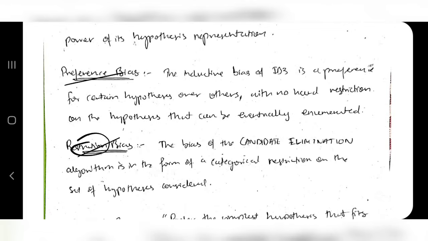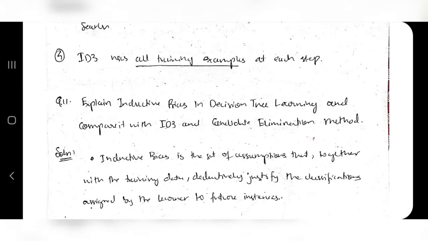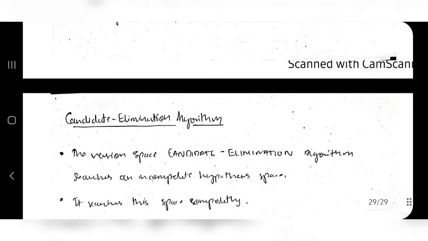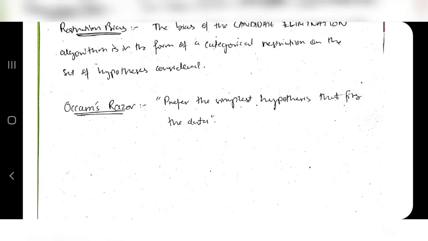In restriction bias, there will be a kind of restriction on what choices you can make, which is a categorical restriction on the set of hypotheses considered. That was about the question, inductive bias and contrasting it with ID3 and candidate elimination. Occam's razor is also given. You can remember this point if it is asked somewhere. Prefer the simplest hypothesis that fits the data.